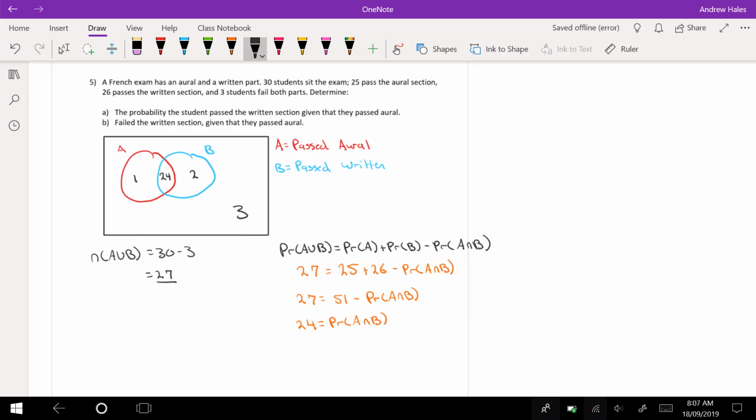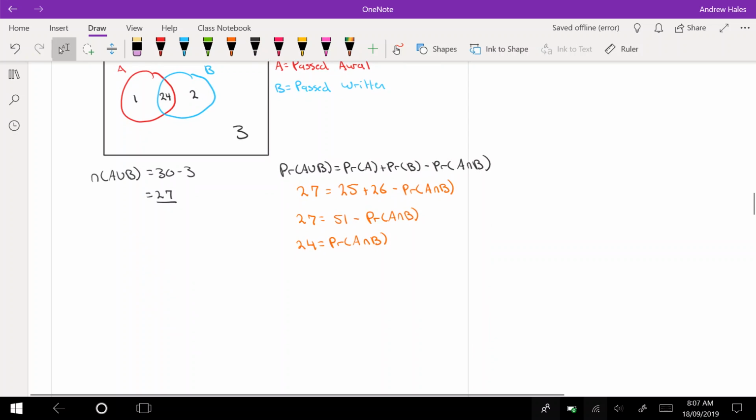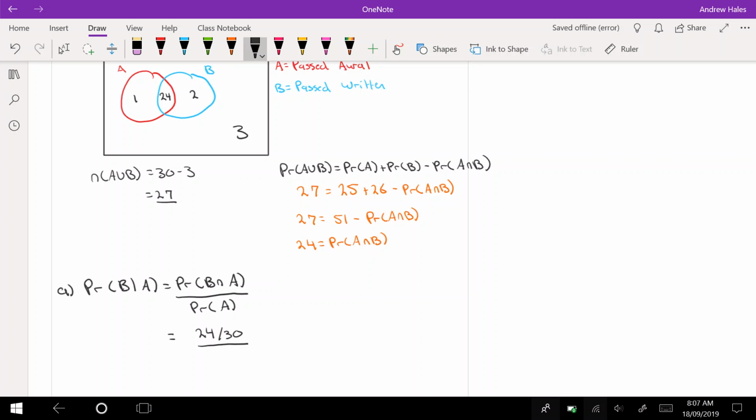So the probability that they pass written section, given that they pass oral. So that is actually just the probability of B given A, which is the probability of the intersection over the probability of A, which is 24 out of 30 over 25 out of 30, and that is equal to 24 out of 25.